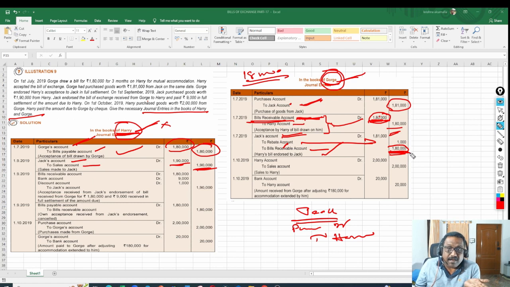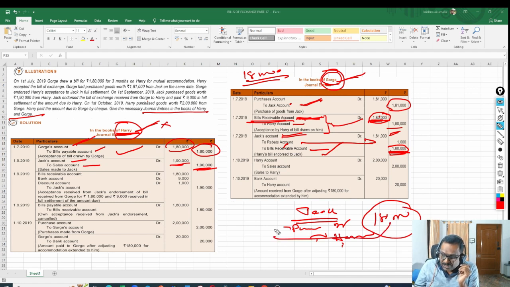Harry. Whatever bill George drew on Harry, the same bill has been endorsed to Jack. So now the bill is with Jack for 1,80,000 rupees. So what he did after purchasing these goods, he transferred this 1,80,000 rupees to Harry. So who accepted that 1,80,000 rupees previously? That bill was accepted by Harry only.